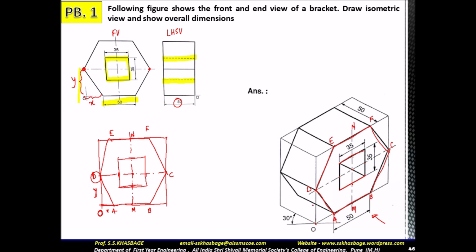Now pass the isometric axis line which is parallel to this vertical line, passing through these points. So we will have this square. Now as we have given thickness to this hexagon, we have to also show the thickness of this square hole. The only line which is possible to show the thickness is this particular line. That line we have to show.